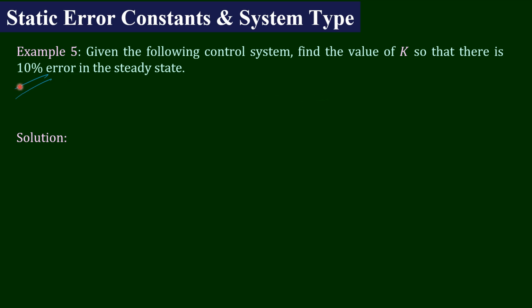So the only choice is the ramp input, and if it is a ramp input we know that kV, the velocity constant, is equal to 1 over E ramp infinity. So this will be equal to 100 upon 10, which is equal to 10. So kV is equal to 10.